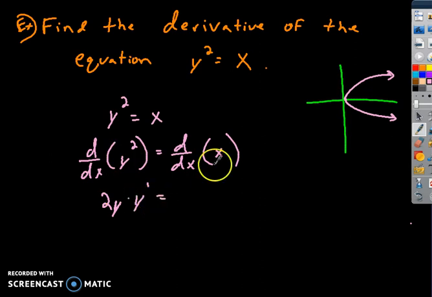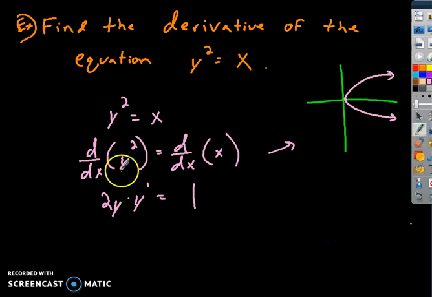Typically, if I take the derivative of x, it's just 1, because it's really the derivative of x, which is 1, times x prime, and x prime is 1. Long story short, you don't have to do this x prime stuff when you find the derivative of x. You only have to consider it when you find the derivative of y.